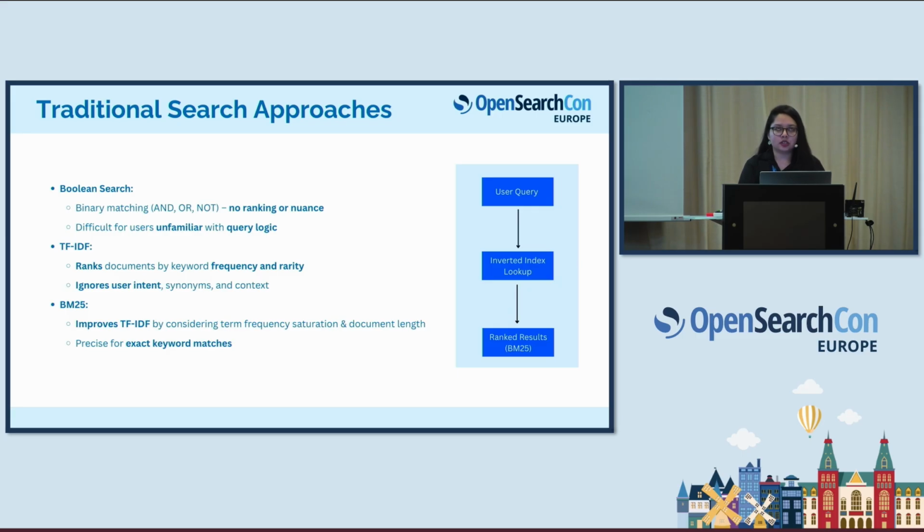So first, to understand the search approaches, we need to go back to the traditional approaches. That's Boolean search. Boolean search is just like keyword searching. There is no ranking, there is no nuance, and it is very difficult for users to be familiar with the query logic.